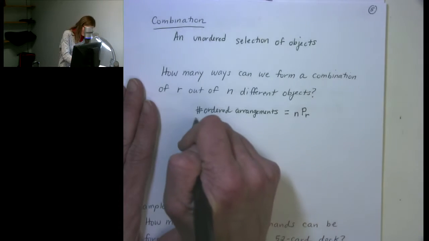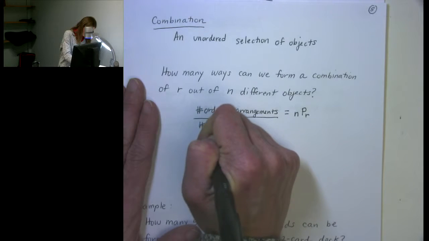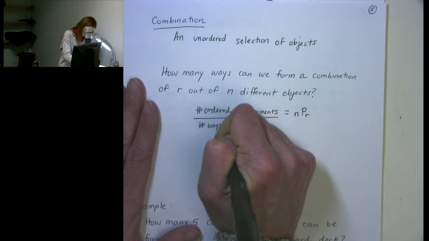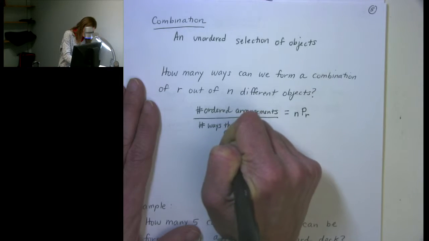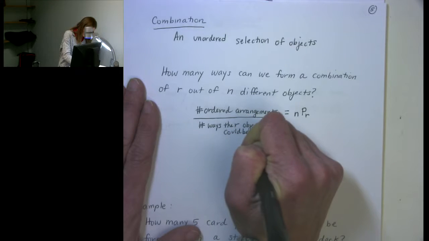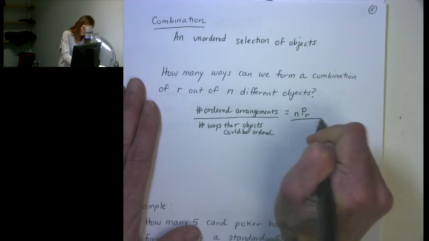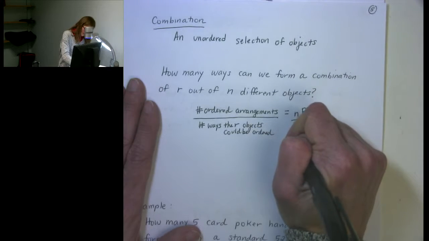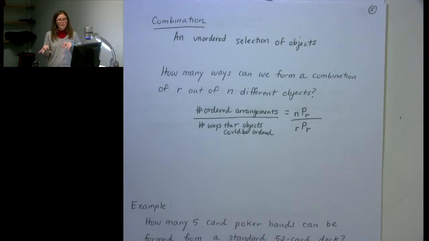So if I take that and divide by the number of ways the R objects could be ordered, that's going to be R P R, the number of ways I can arrange those R objects.